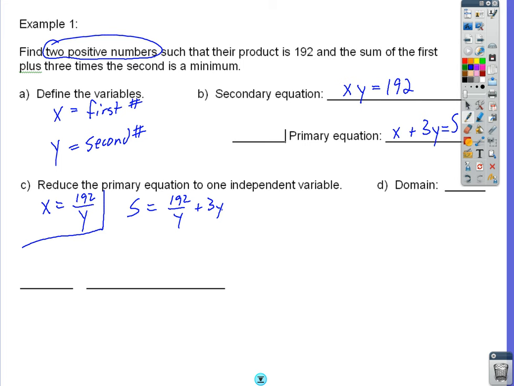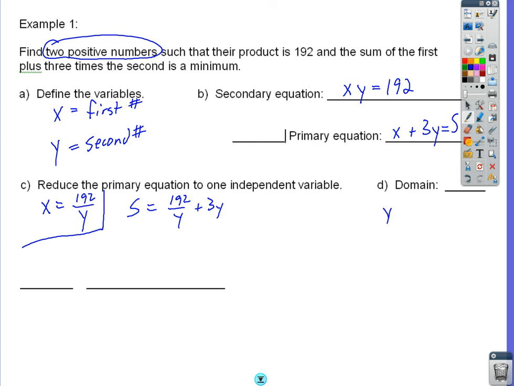When you're thinking about your domain, you're going to go through many types of issues, or not issues, but renditions, if you will. What I like to do to start with is take a look at my actual formula, my summation formula, and ask, what is the domain for y?